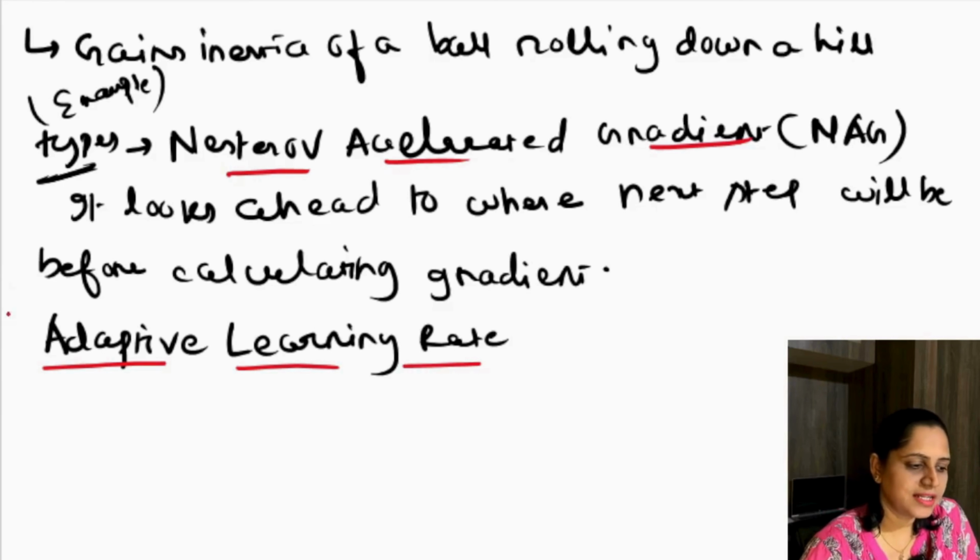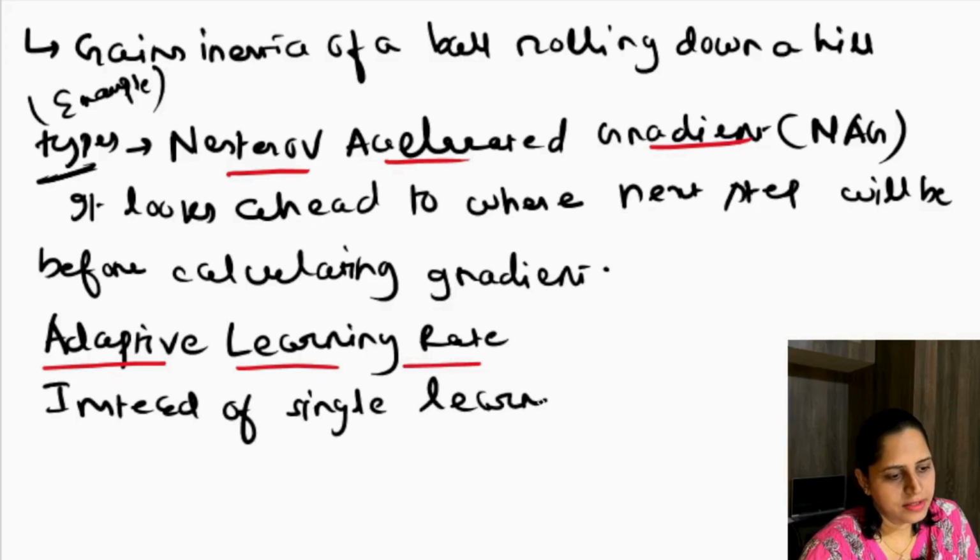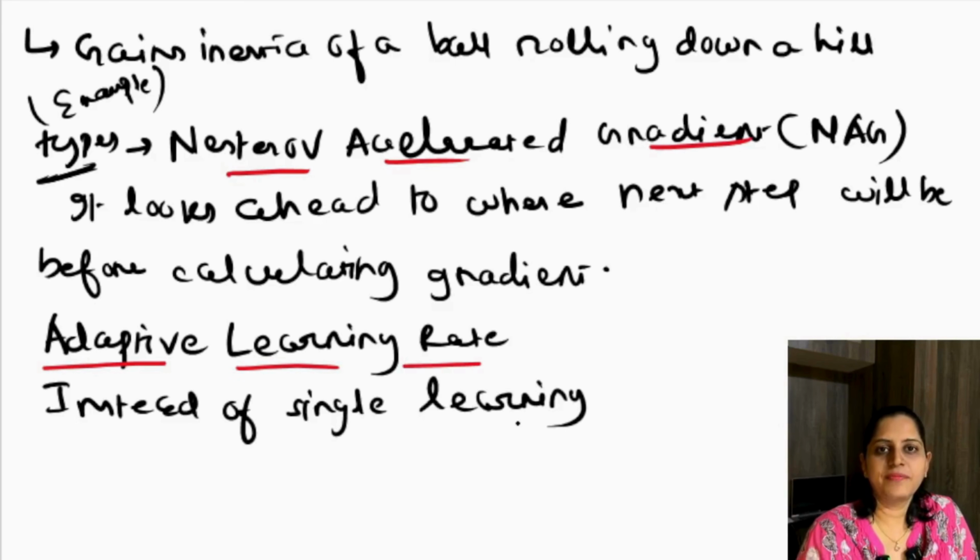We will understand that. So instead of a single learning rate, which we have implemented till now, we have used a single learning rate, right? We have used 0.1 or 0.5 or 0.9. 0.9 is a very high one.